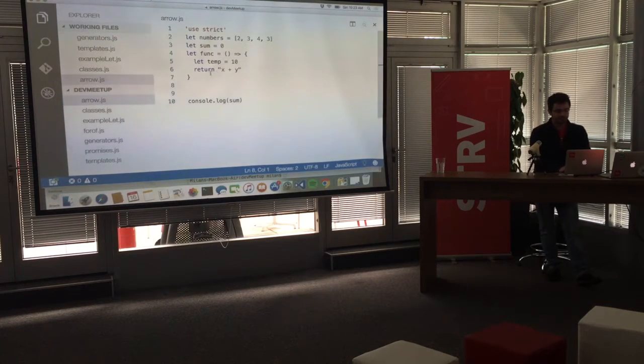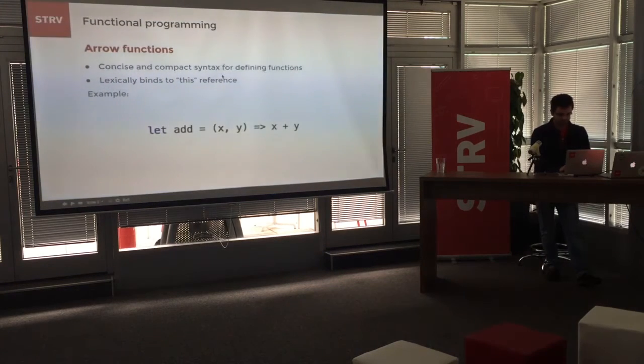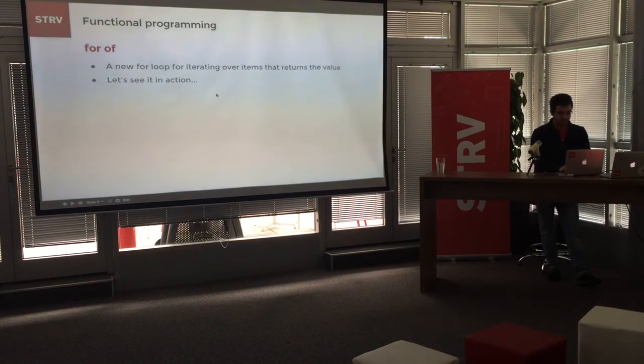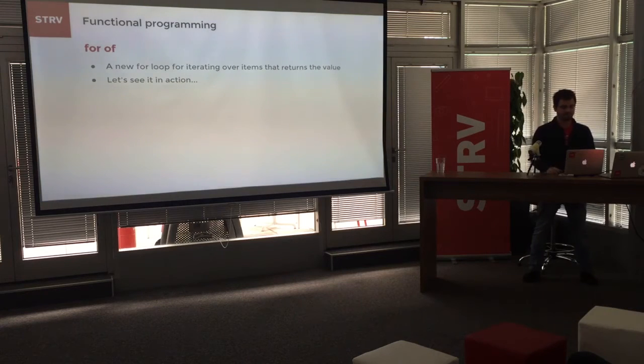Okay. Moving on, we have the for-of loop in ECMAScript 6. Technically, JavaScript now has three for loops: the traditional for loop with an index, the for-in loop that returns the index of the array, and now the for-of loop, which returns the actual value of the array.